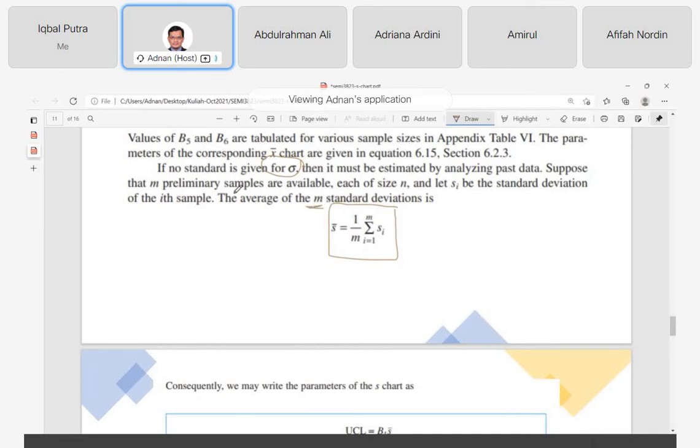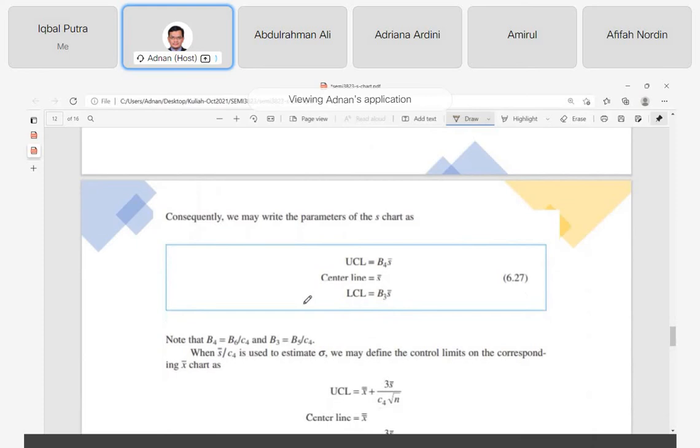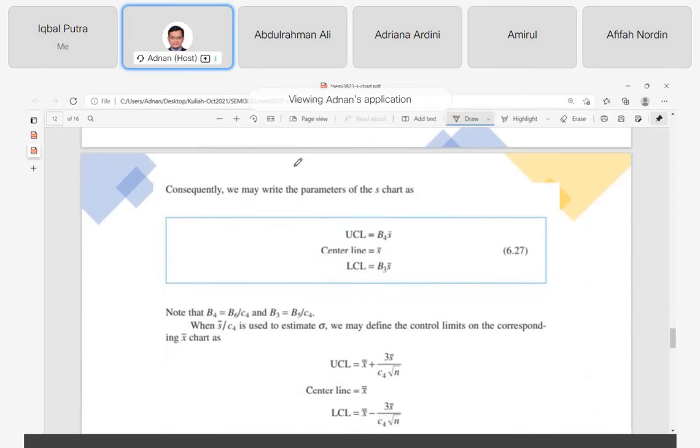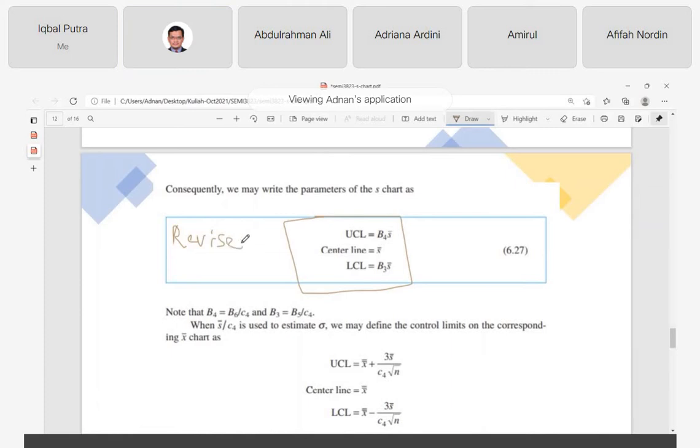So normally we use it from the preliminary sample when the process is still unstable. Okay, so when the process is stable, we can use this value. This is for a stable process, or sometimes we call it for a revised S chart.